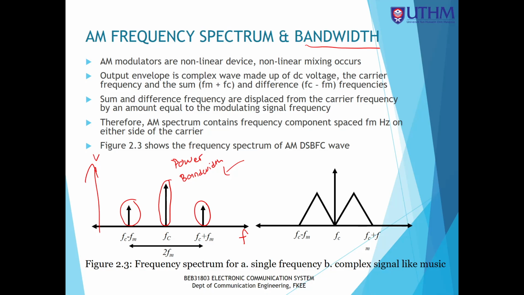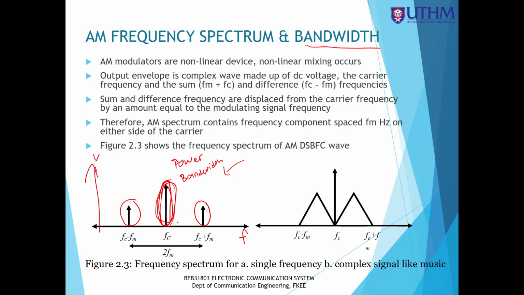So in terms of this, for double sideband full carrier, we are transmitting more power. Why? Because the carrier does not contain any information. So if we transmit the carrier component, we are actually wasting a lot of power. And what about bandwidth?